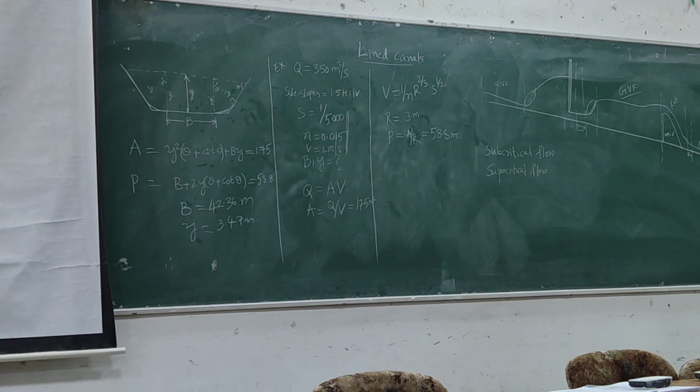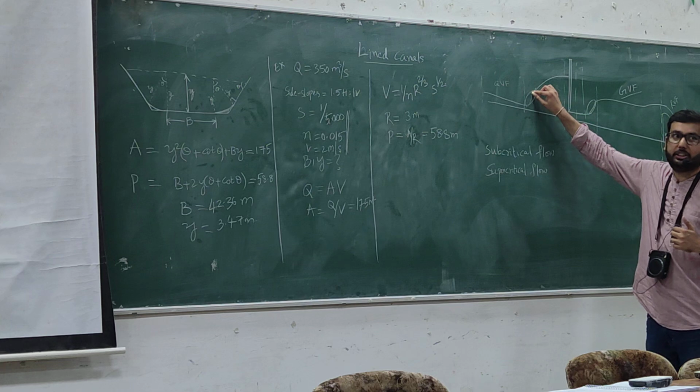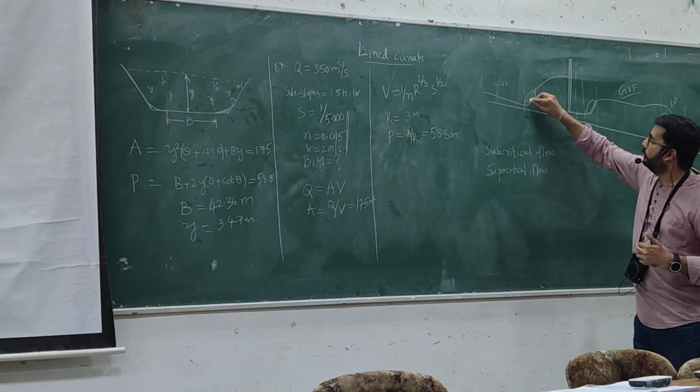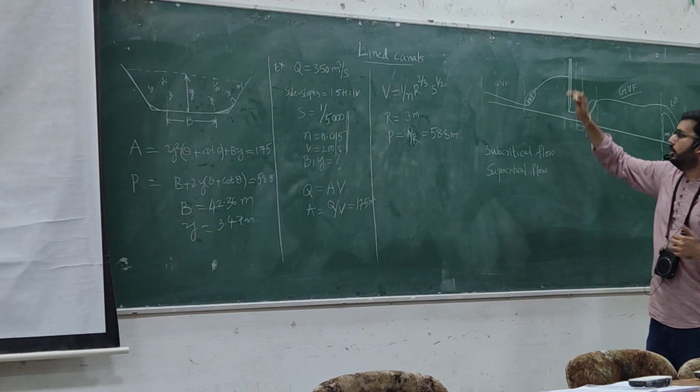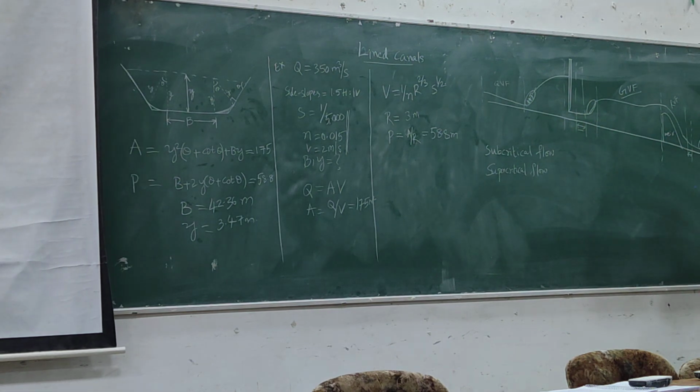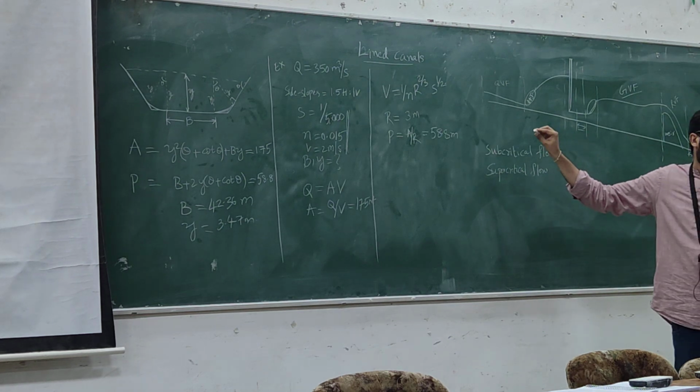You are also familiar with subcritical flow and supercritical flow. So where do you observe subcritical and supercritical in this channel? So what is this in between? Hydraulic jump. So now, where do we observe supercritical flow and subcritical flow, either before or after the jump? Before?